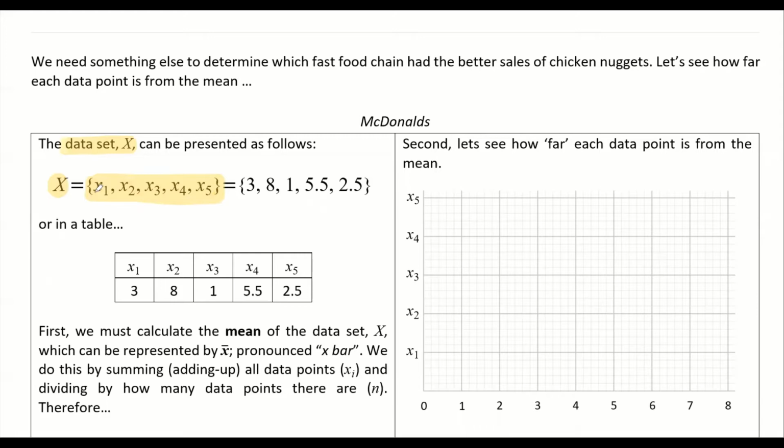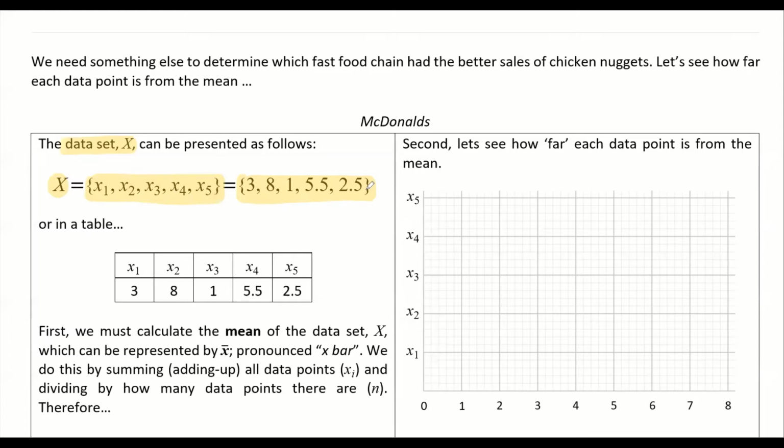Okay, and in the case of McDonald's, we know what those numbers are. We've got 3, 8, 1, 5.5, and 2.5. But I've just put them in set notation, as it's called. Another way to do it is to say, well, we know from the way this is presented that X1 must be 3, X2 is 8, X3 is 1, and so on.